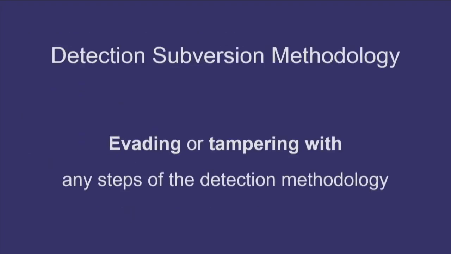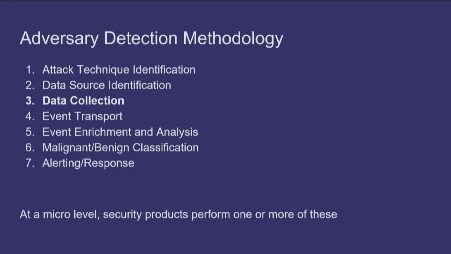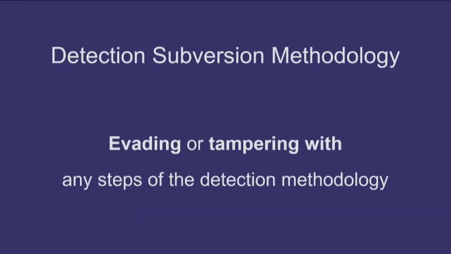So just as we have these 7 steps for a detection methodology, those exact same steps inform our subversion methodology. So essentially, the detection subversion methodology is evading or tampering with any of the steps of the detection methodology.